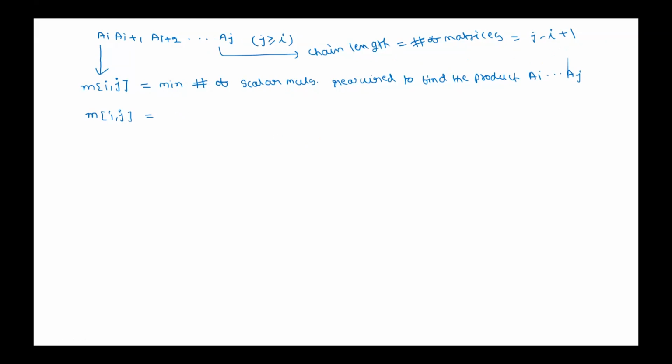Now tell me what is M(i,j)? See, total j minus i plus 1. Left side it may be one matrix. Right side how many? J minus i plus 1 minus 1. If left side 2, right side? If left side 3, right side?